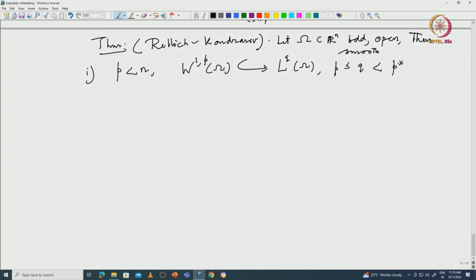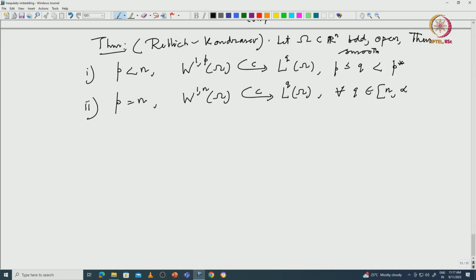I already commented that you do not get compactness for the case when p equal to n. 2: when p equal to n, that is W1n of omega, at infinity you have Lq of omega for all q in n to infinity.